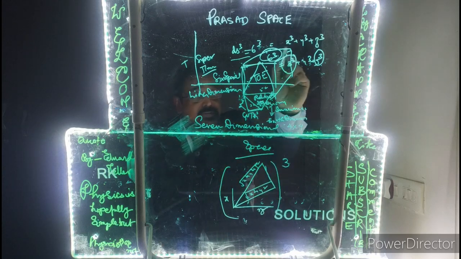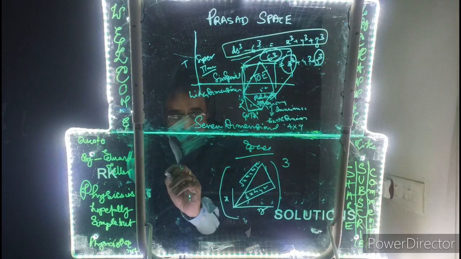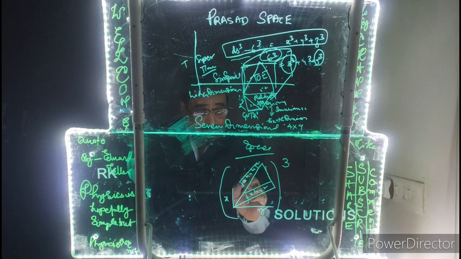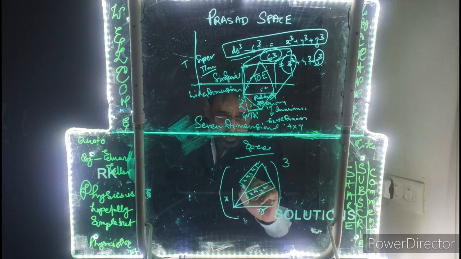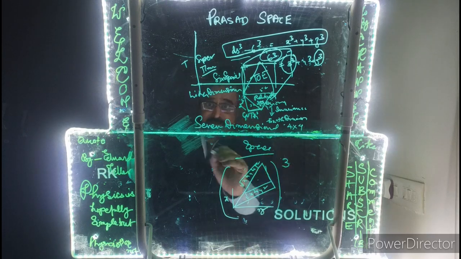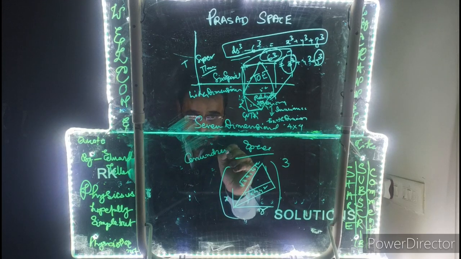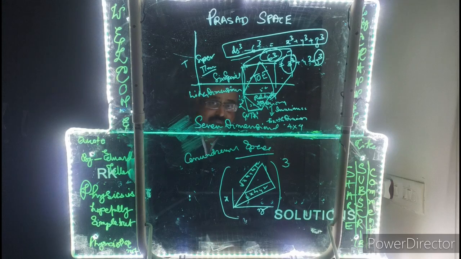So ds cube will be given by this invariance, if that is so. But how can you make this square root of x squared plus y squared plus z squared cube? That's a comment. If you can somehow solve this, we are there.